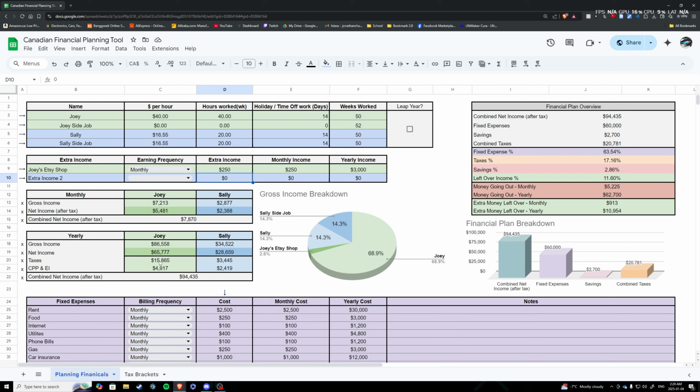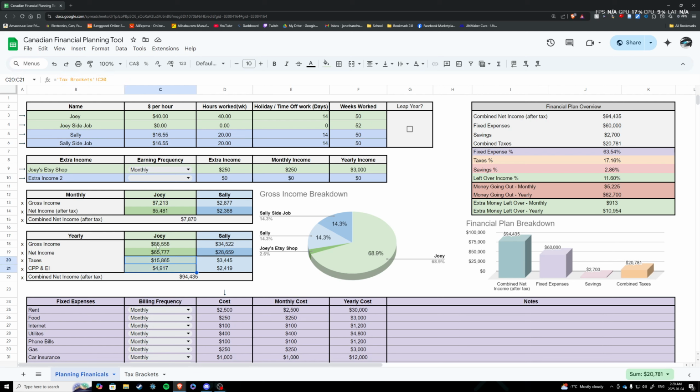Right. So Joey's paying 16K in taxes and roughly $5,000 in CPP and employment insurance, EI. The taxes and the CPP and the EI are done individually for both Joey and Sally.